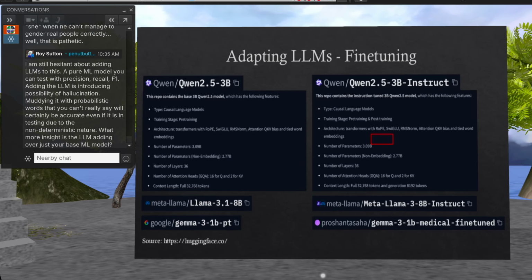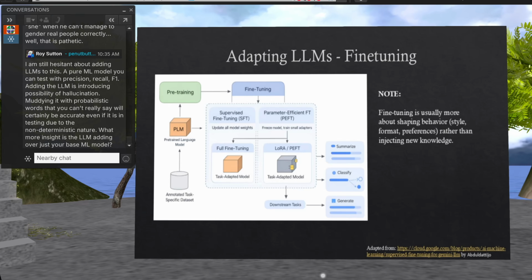But you would have noticed that if you were looking up certain models, some of them have something appended to them, like instruct, or medical fine tune. Fine tuning is one way of adapting a certain model to a task. It also allows us to adapt the style of the LLM to the context of use.